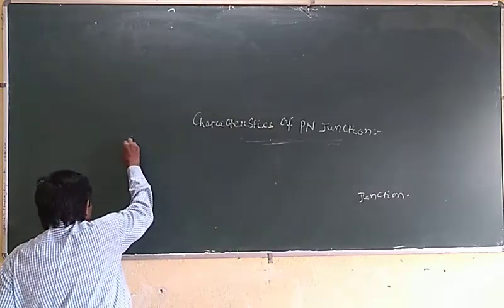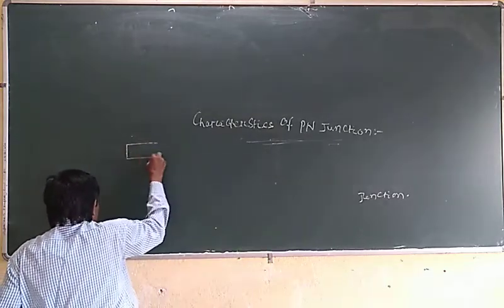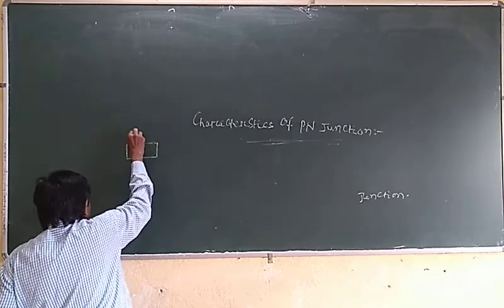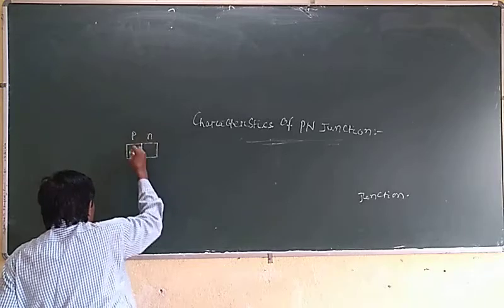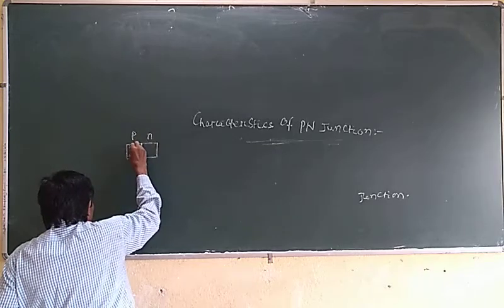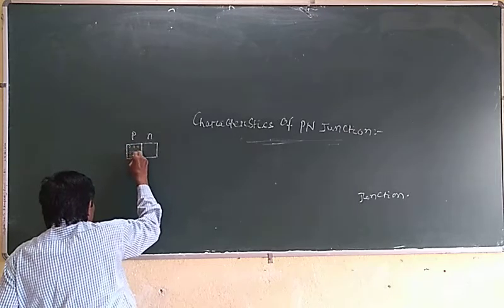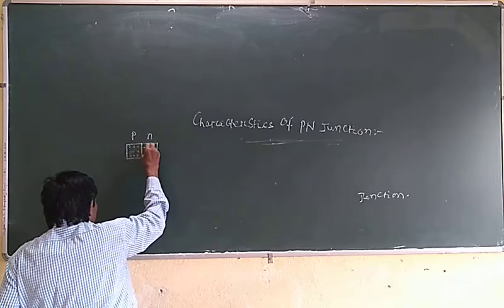Suppose this is the PN junction diode. This is P material and N material. So these are holes and these are electrons.